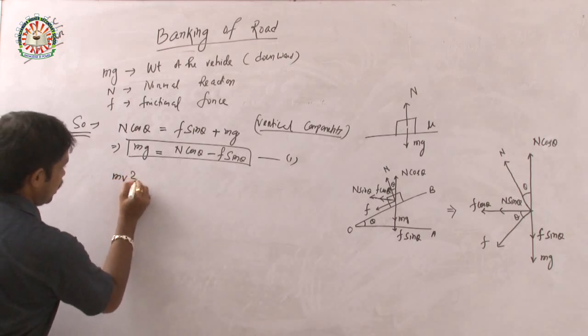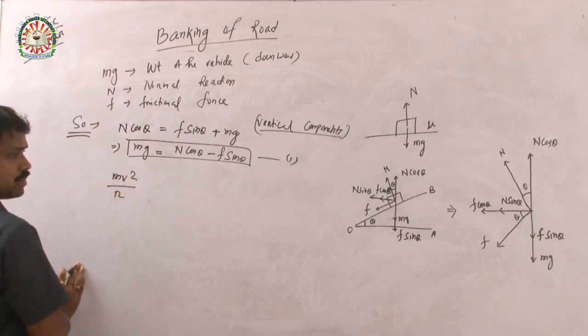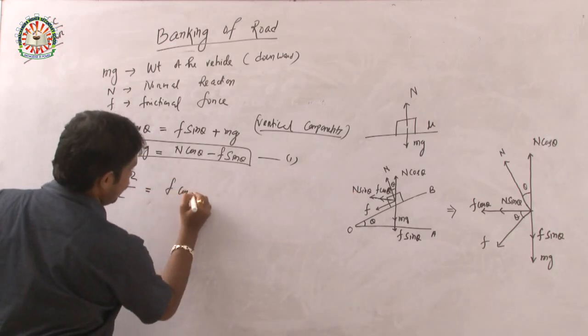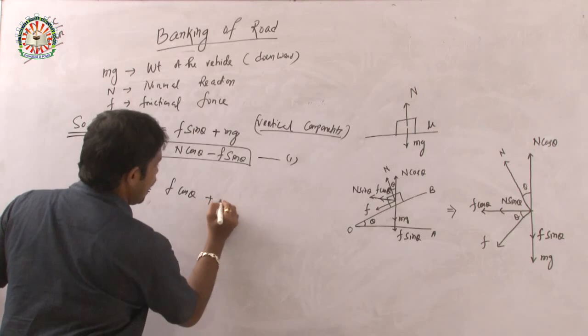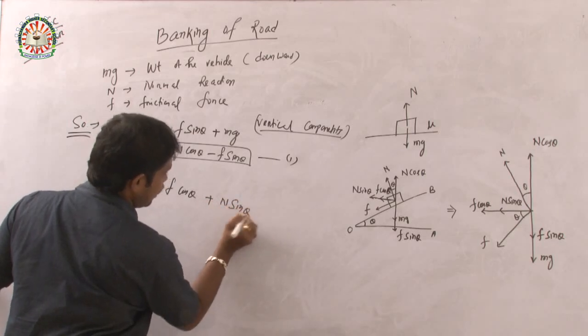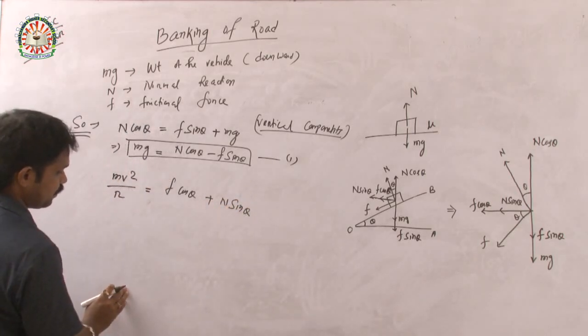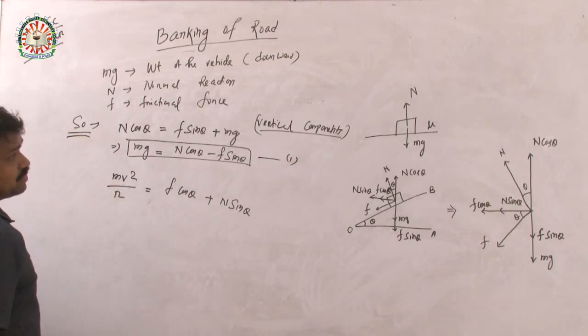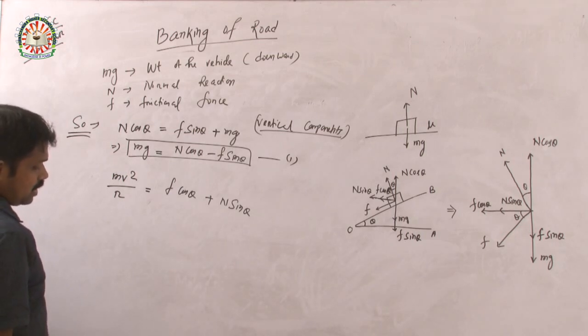Now the necessary centripetal force mv square by r is balanced by f cos theta plus n sin theta. Very simple. Clear? All of you clear?